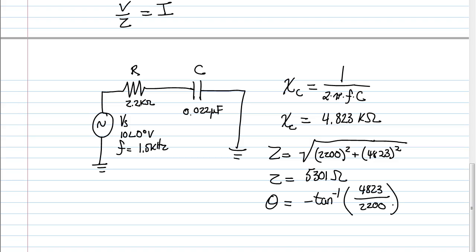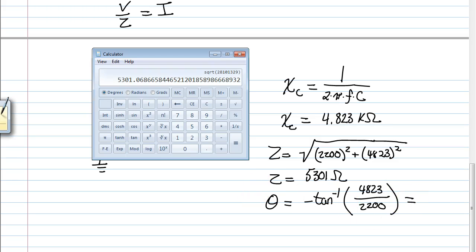All right. Let's figure out what that is. Okay, let me type that in first. All right. So I got 4823, and I'm going to divide that by 2200. All right, and so that's just a fraction. Now I've got to take the actual arctangent. I hit the inverse here. It gives me my inverse keys. I've got inverse tangent there. And that tells me it's 65. Of course, I have to make it negative.